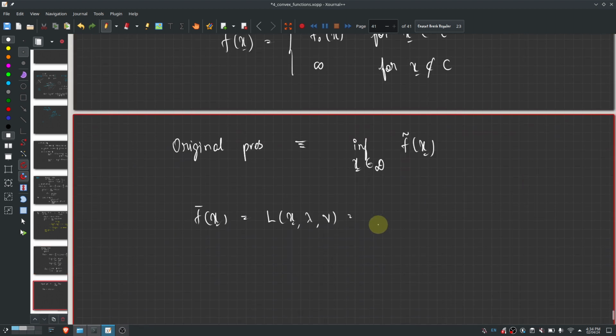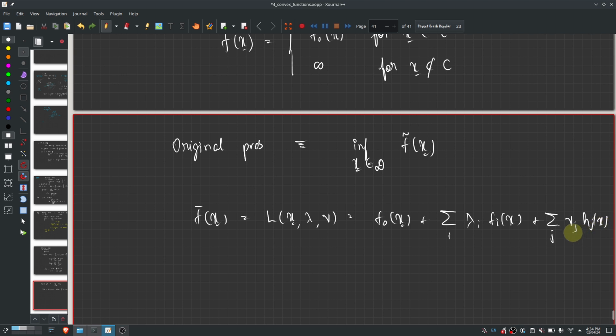So this is equal to f0 of x plus summation over i lambda i fi of x plus summation over j nu j hj of x.